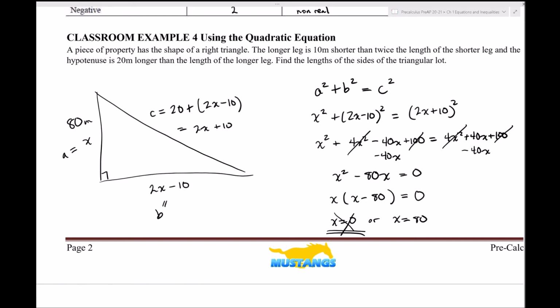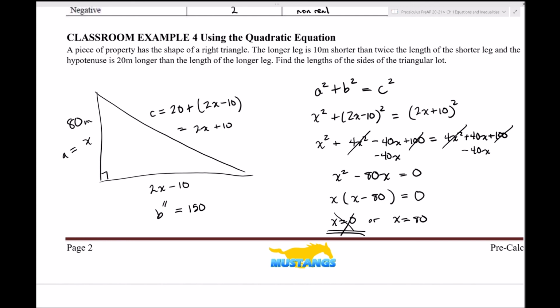Then we find out what the rest of the lengths are. 2x minus 10: that's 10 meters shorter than twice the length of the shorter leg.